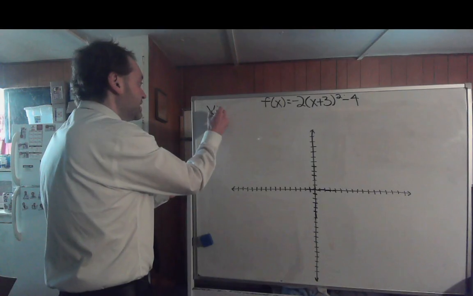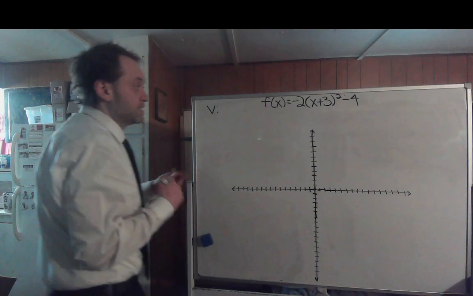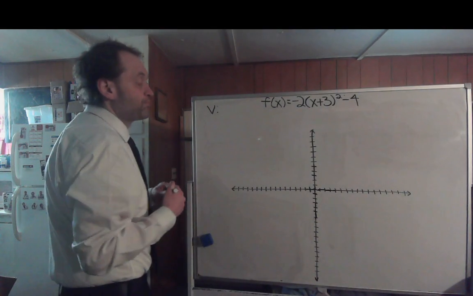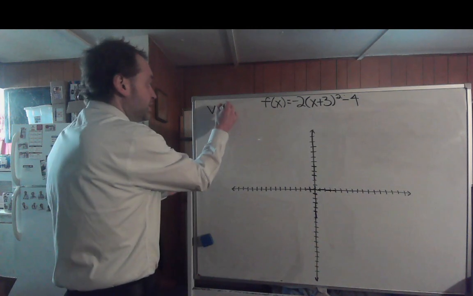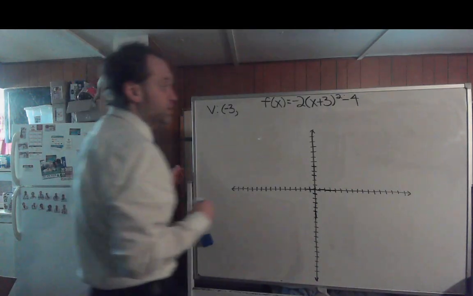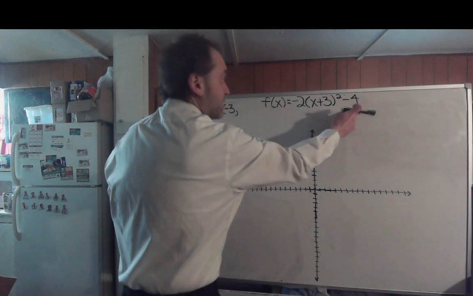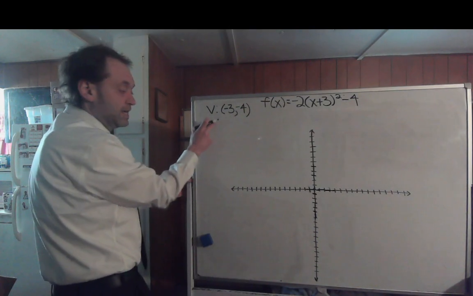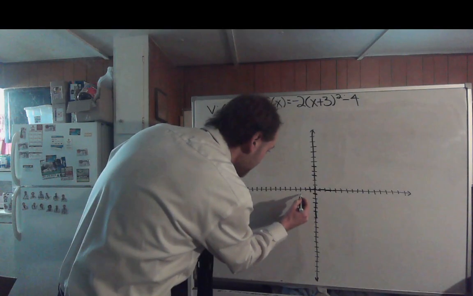Take your x plus 3, set that equal to 0, you get an x coordinate of negative 3, and then your y coordinate is that minus 4. So the vertex can be found at negative 3, negative 4.